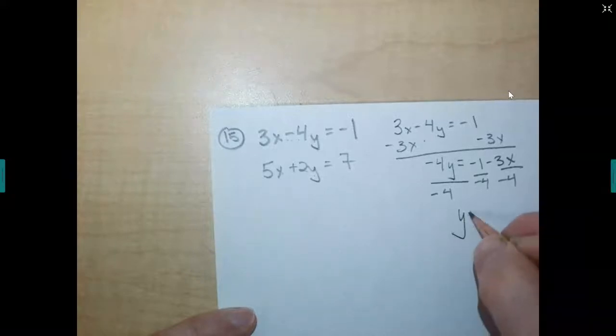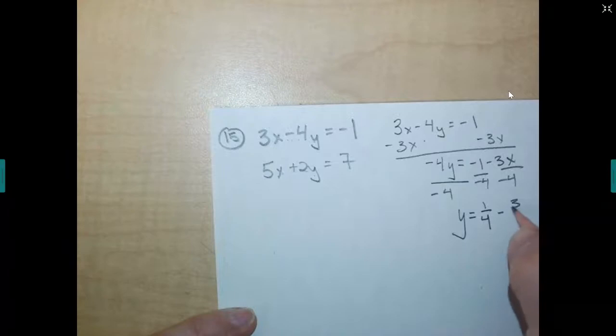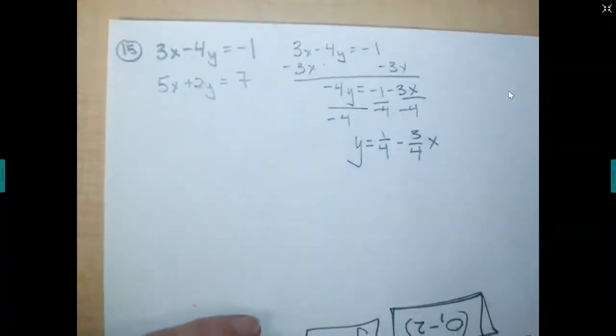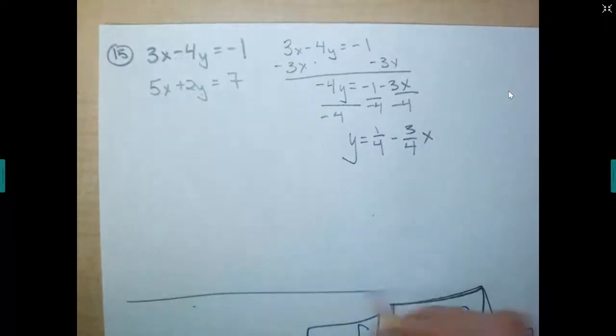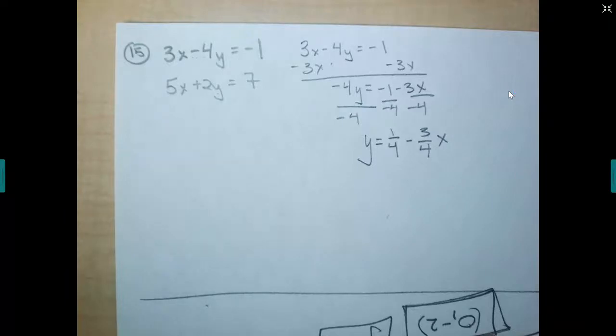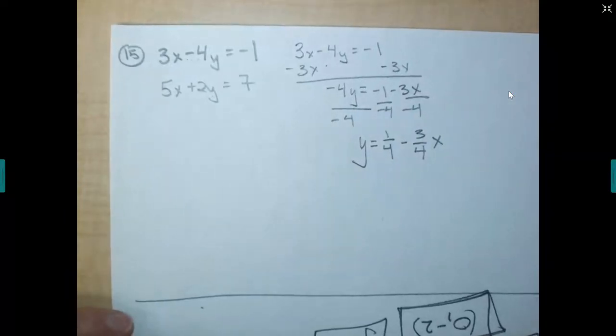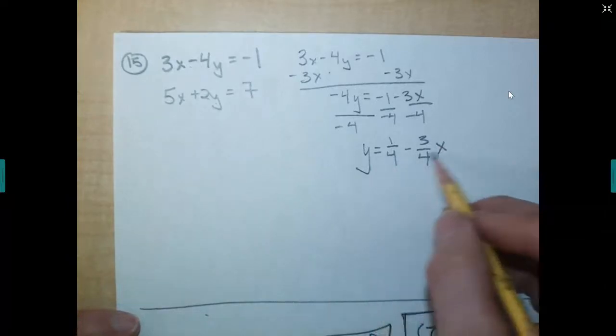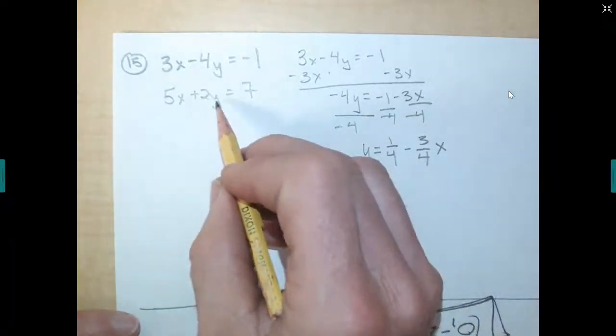So I have y equals 1/4 minus 3/4 x. Why, for their first problem, would they give you fractions like this? I'm going to have to say that is dumb. D-U-M-B. Now I've solved for y, so I plug this back into here.